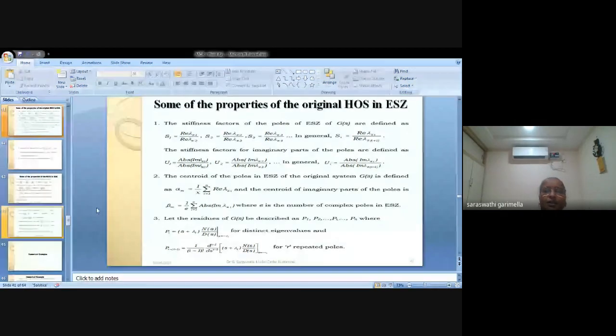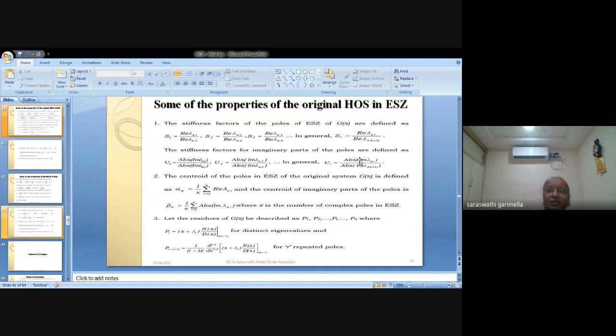And regarding properties, in an eigenspectrum zone, you are defining the eigenspectrum zone. If it is defined, then you will get the ratios retained like this. You will calculate for the original system the stiffness factors, with the real and imaginary parts, by taking absolute values, because you will have complex conjugates.